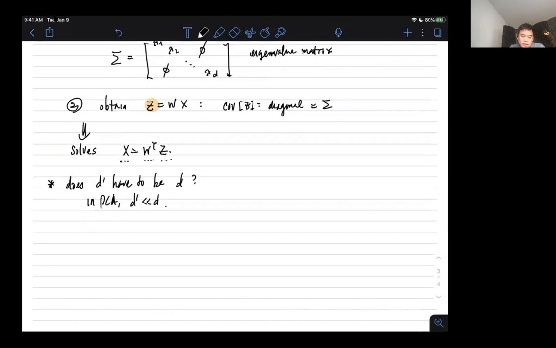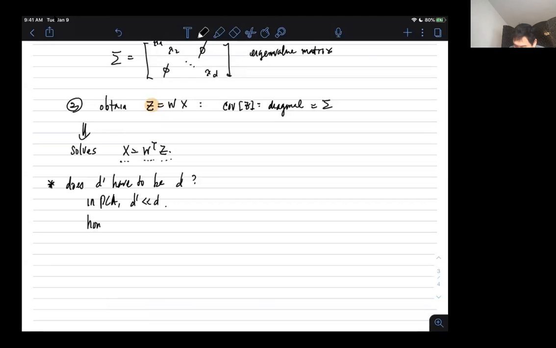Then the question is, okay, we want to do this, and then we have all these eigenvectors and values. There are as many as D. Then the question here is, how do we choose a subset of these eigenvectors and values in order to get D prime to be small?